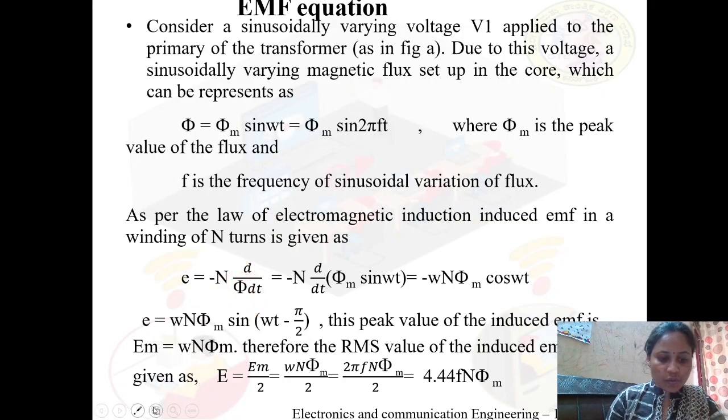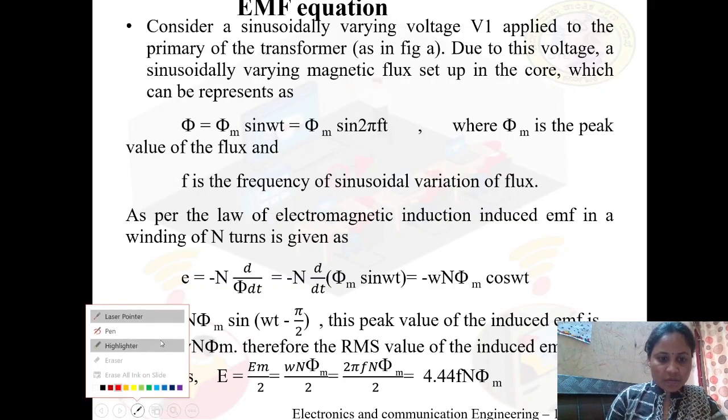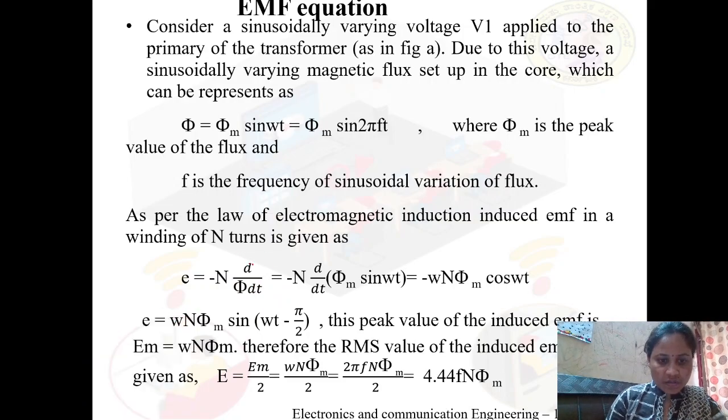That is, minus n into d phi by dt, the change in flux with respect to time, and the EMF induced will depend on the number of turns of the windings.